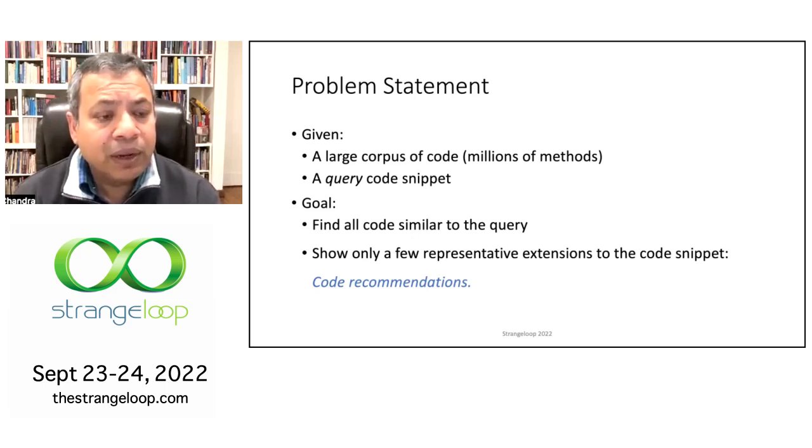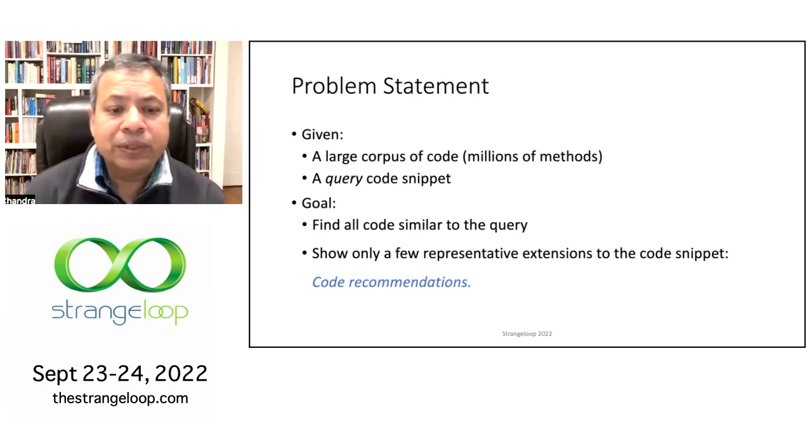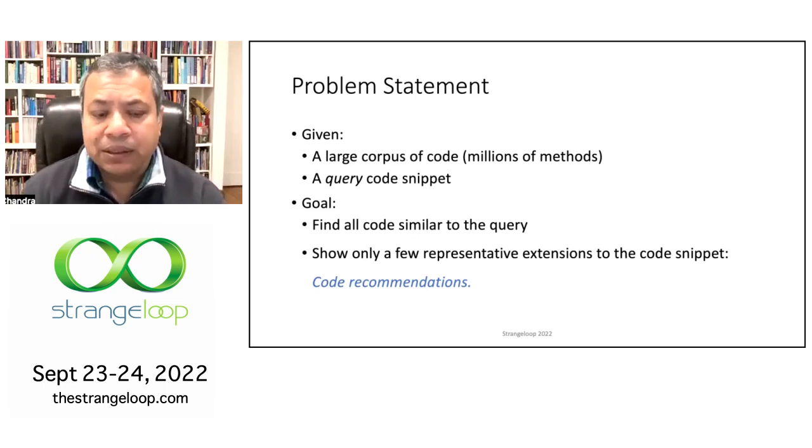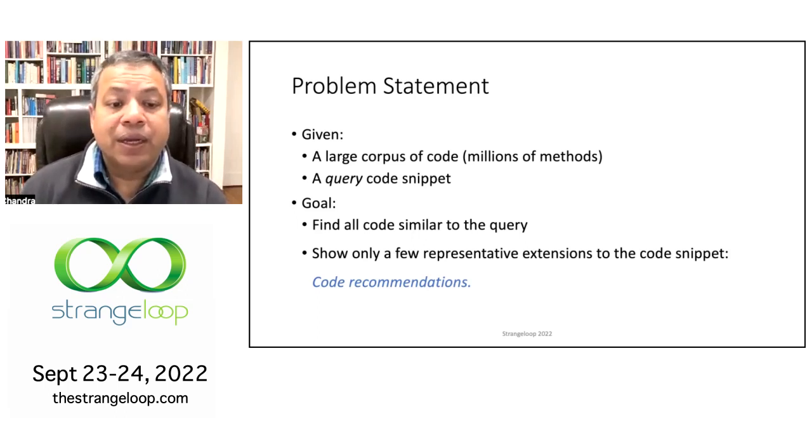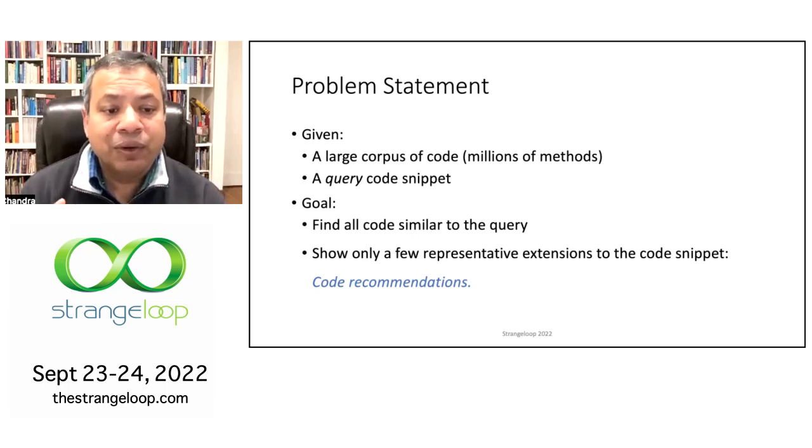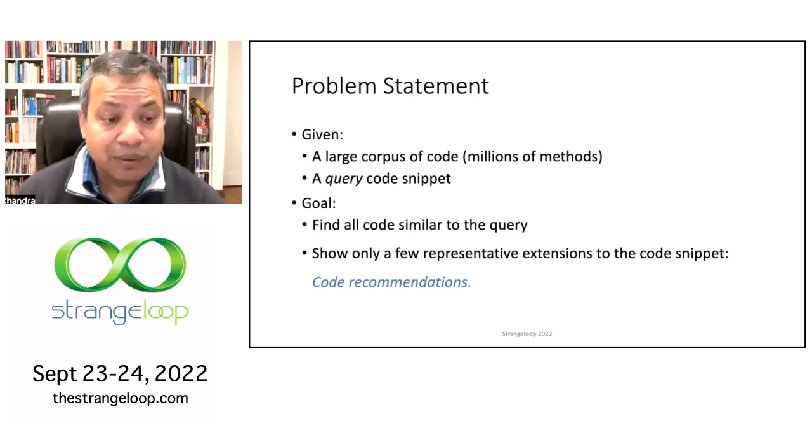And the goal now is to find code that is similar to the query, and we want to show some extensions to the code that we just wrote or the query that we have in hand, but we don't want to show all occurrences of extra code. We want to distill down to some representative extension so that the information is consumable for the developer. So this problem is the code recommendations problem.